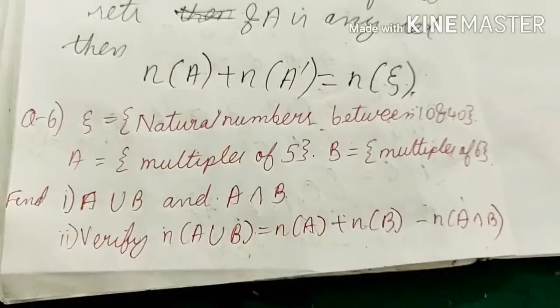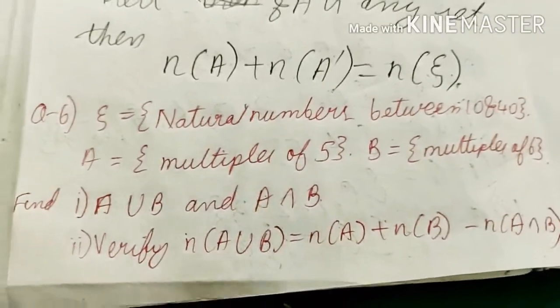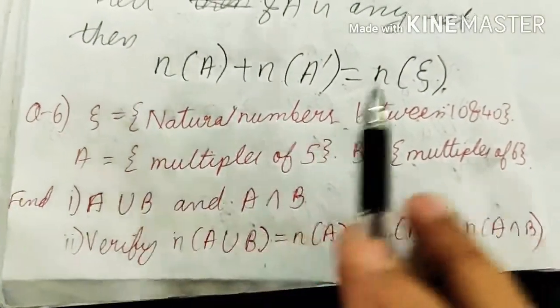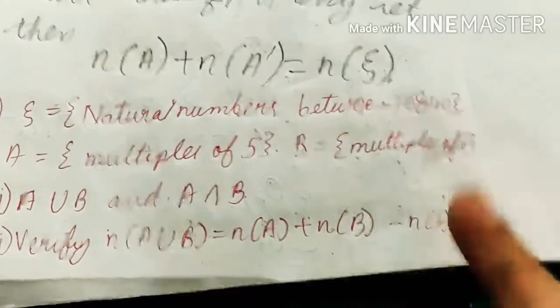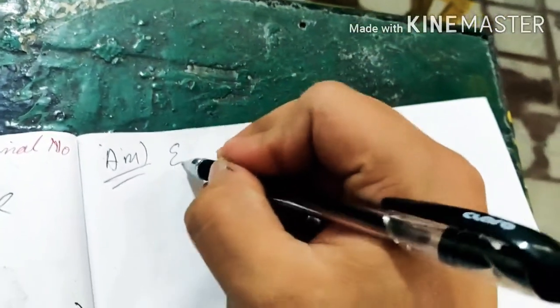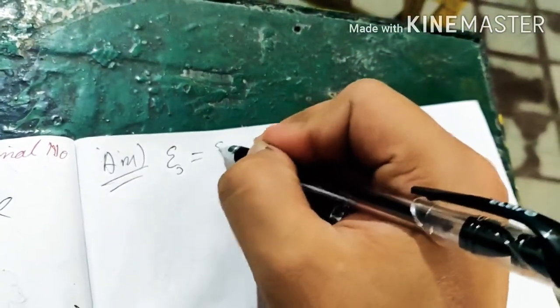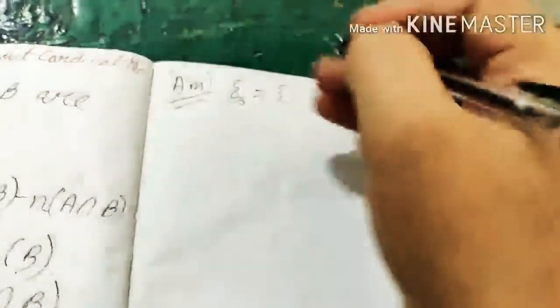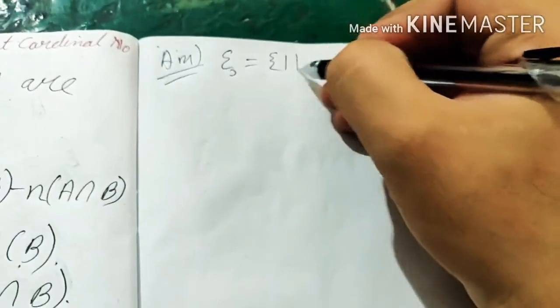We have a question here that says the universal set is natural numbers between 10 to 40. So what is the actual universal set? Universal set will be equal to between 10 to 40, that is from 11.